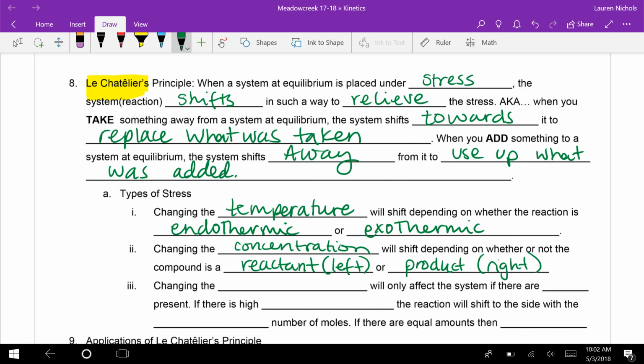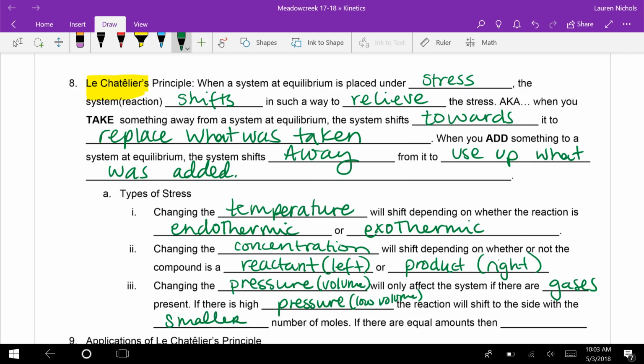And we can also change the pressure. But changing the pressure, which also has an effect on the volume or amount of space, will only affect the system if there are gases present. If there is a high pressure, okay, which means low volume or a small amount of space, then the reaction will shift to the side with the smaller number of moles.